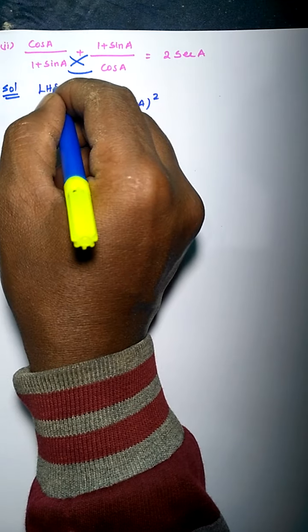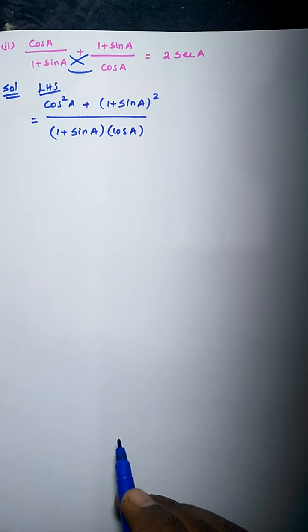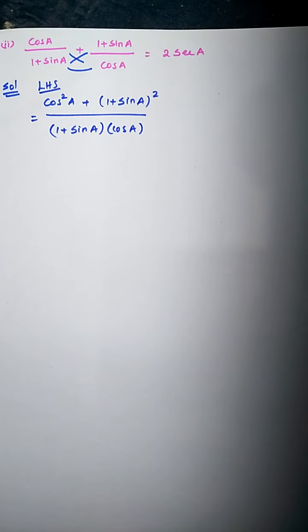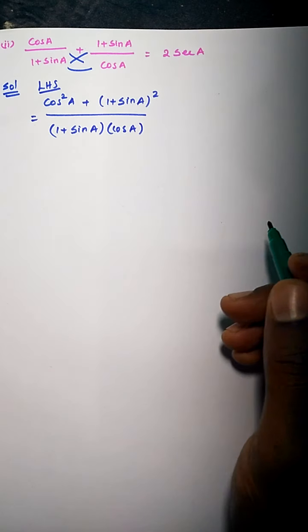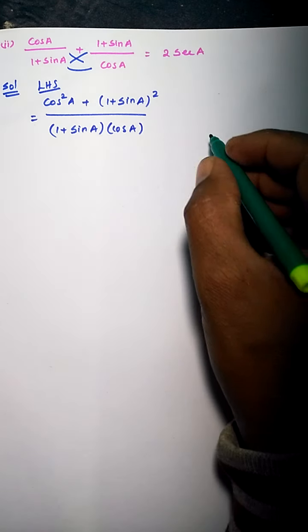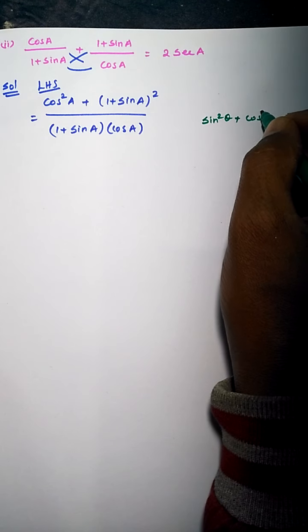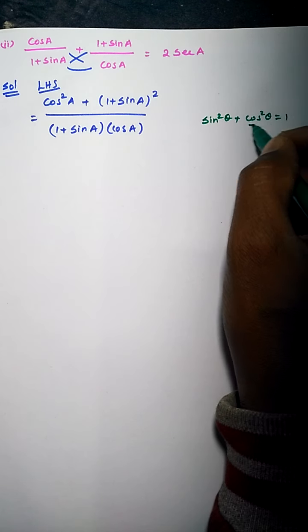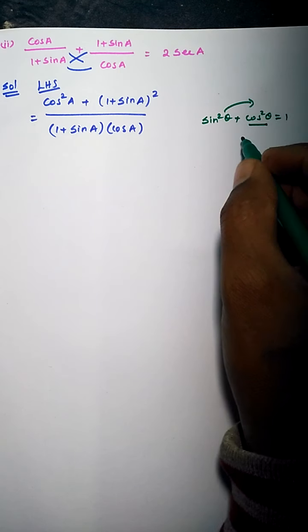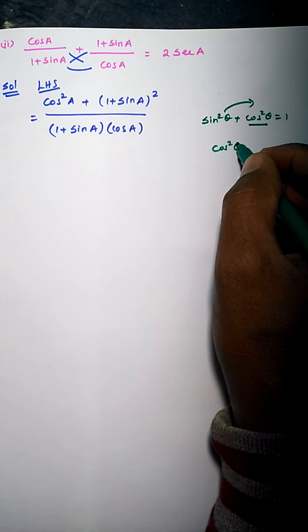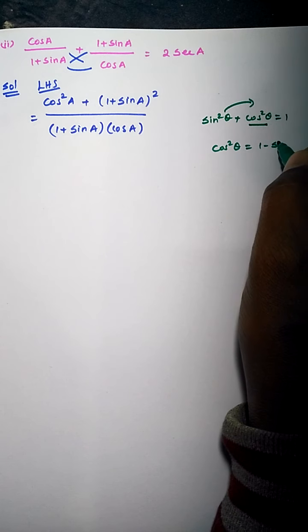Actually we are taking the LHS side here. Now let's apply one identity: sin square theta plus cos square theta equals 1. If you want the cos square theta value, take sin square to the other side, then cos square theta equals 1 minus sin square theta.